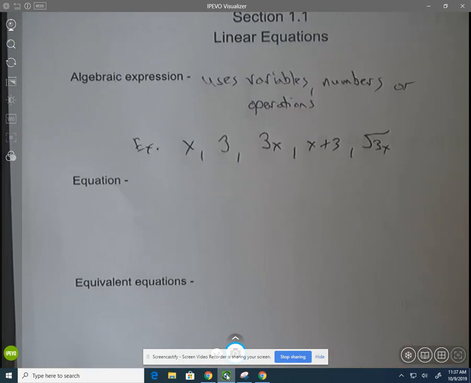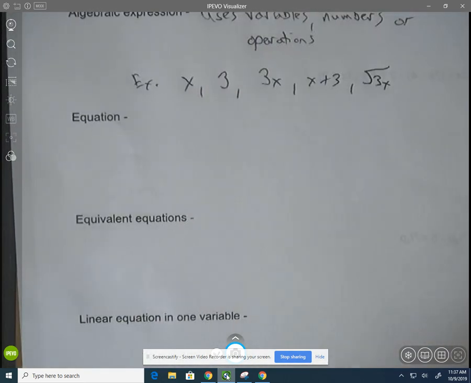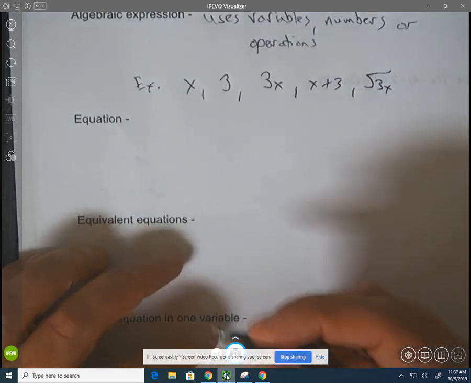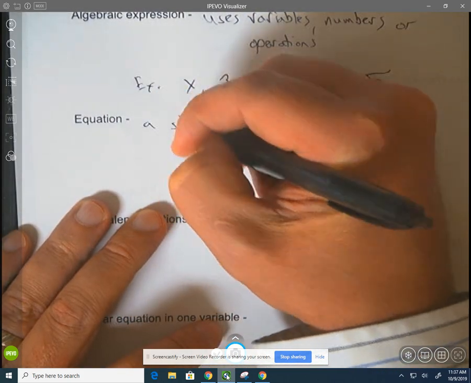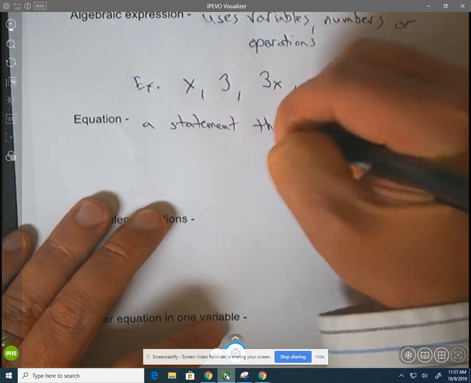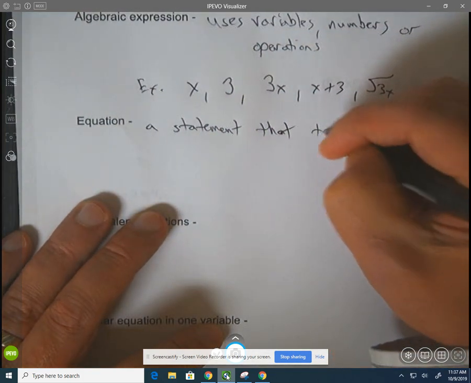Now, an equation, which is what we're going to focus on in this chapter, and probably a term you've heard quite a bit before, but the definition of equation that I want to work with is just a statement that two expressions are equal.